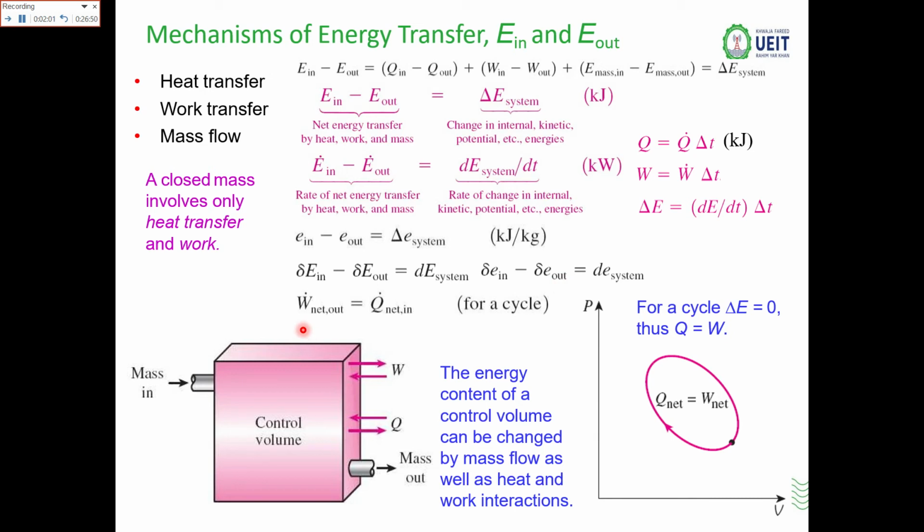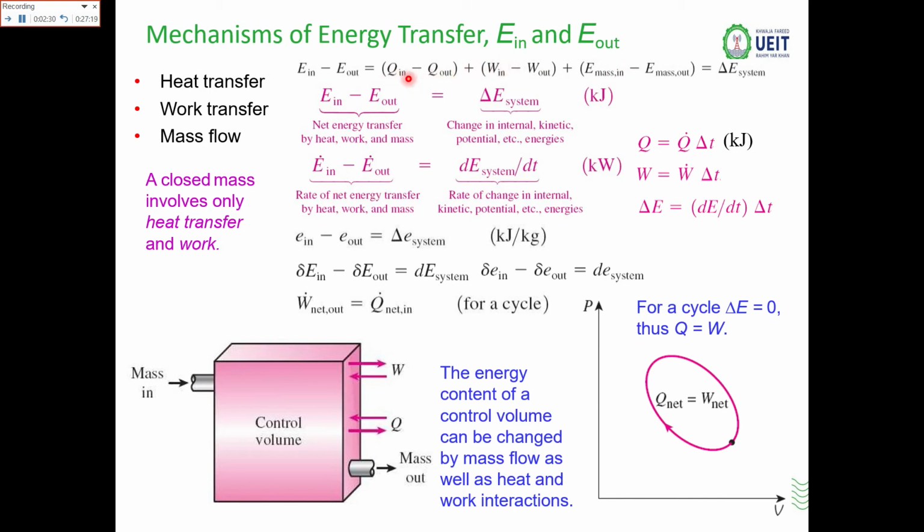So W net out is equal to Q net in for a cycle. For a cycle, the change in energy is 0 because we end up at the point where we started. So in this case, the value of delta E is equal to 0. And if there is also no mass flowing through the system, only these two things remain.